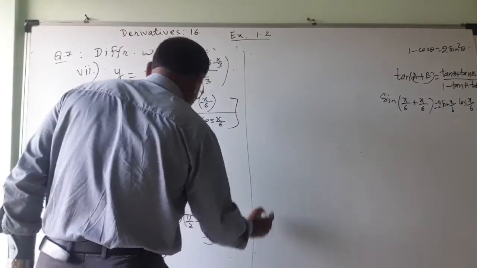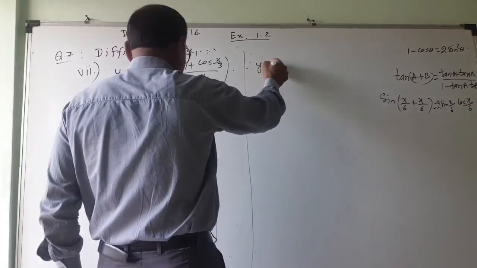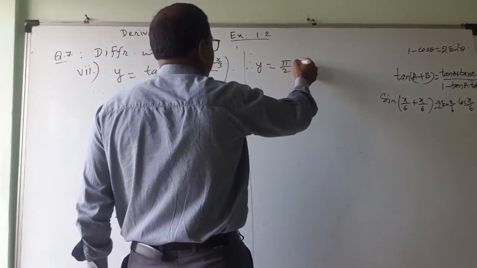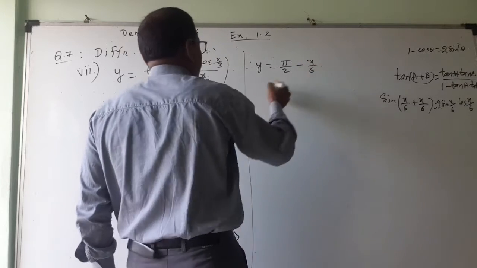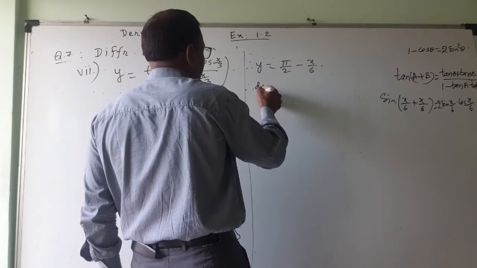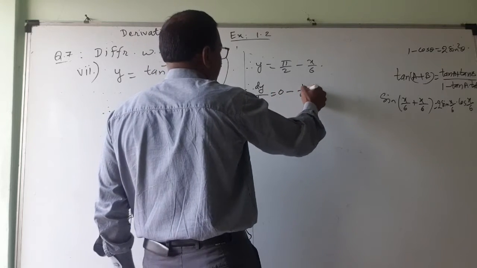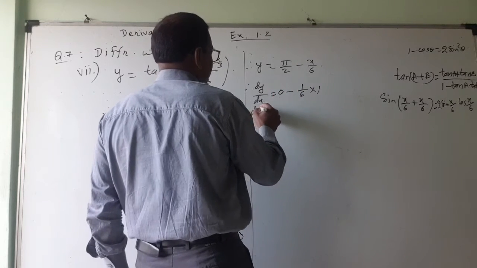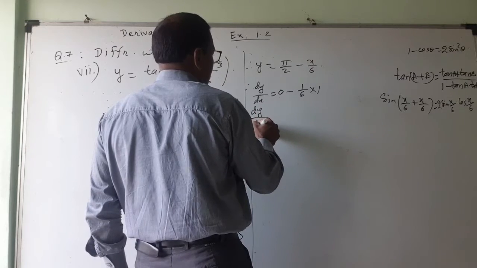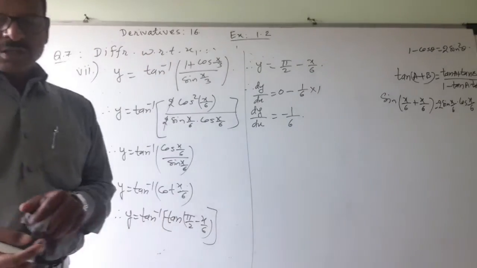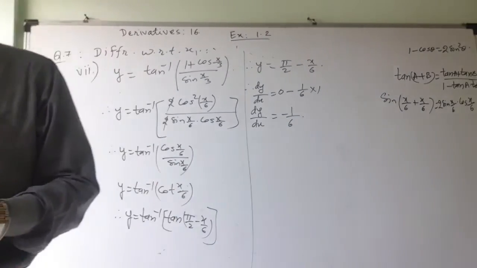So, therefore, y is equal to, this tan inverse tan cancels, pi by 2 minus x by 6. Therefore, dy by dx is equal to 0 minus 1 by 6 into 1. So dy by dx is equal to minus 1 by 6. This is the answer. Take a screenshot. This is an important sum, good sum.